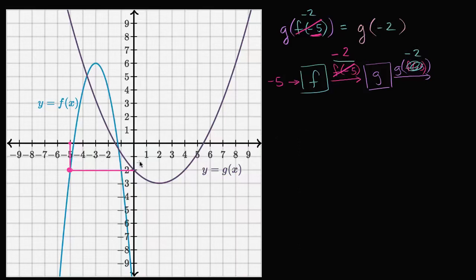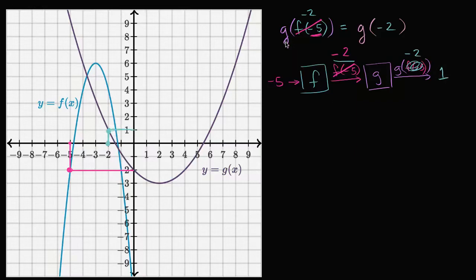So we're taking that output, negative 2, and inputting it into g. So when x is negative 2, what is g? We see when x is negative 2, the graph is right over there, g of negative 2 is 1. So this is going to be 1.